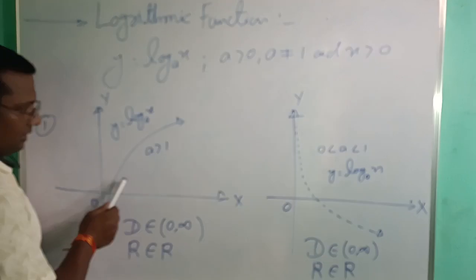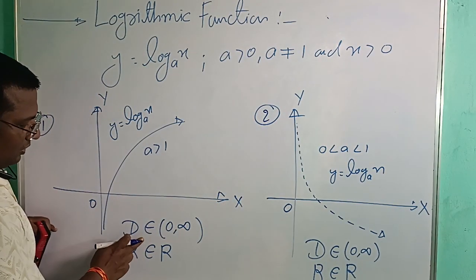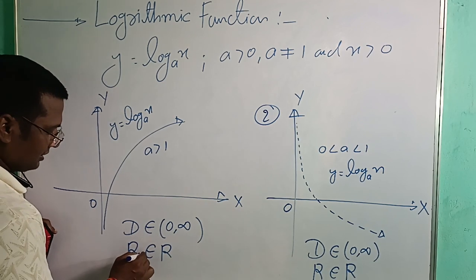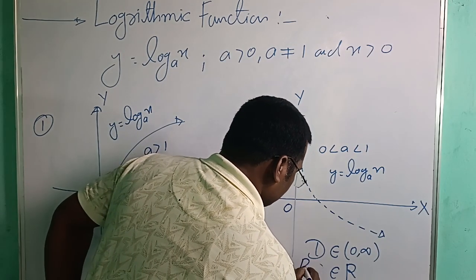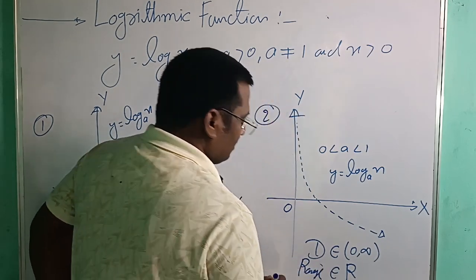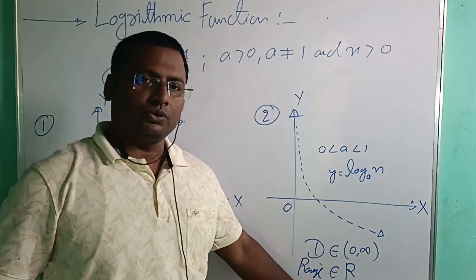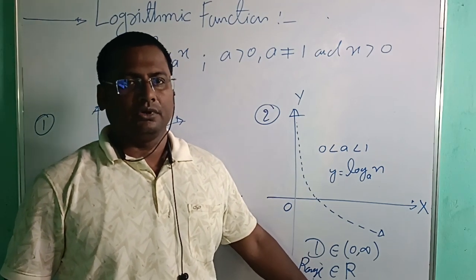In case 1, domain belongs to (0, infinity), range belongs to R. Here also, domain belongs to (0, infinity) and range belongs to R. Okay, so this is the condition for the logarithmic function.